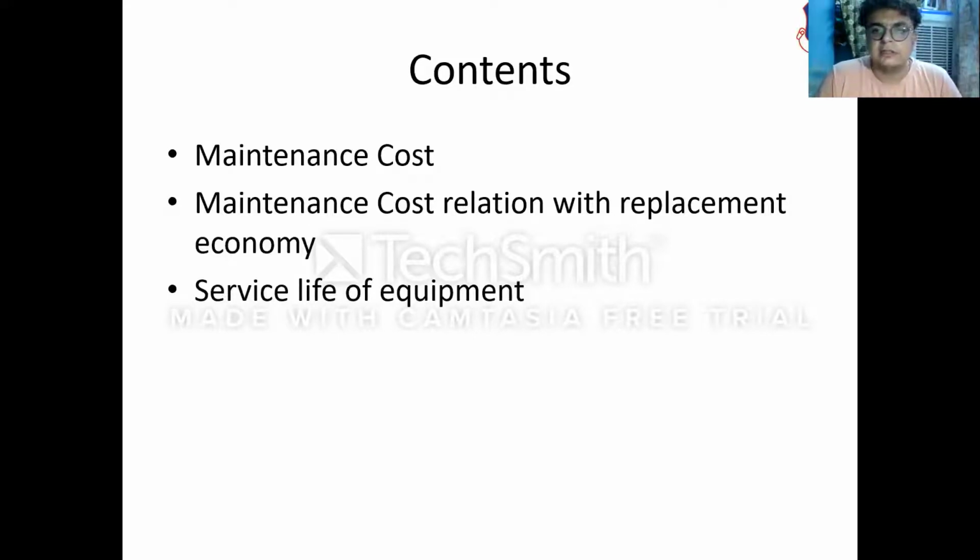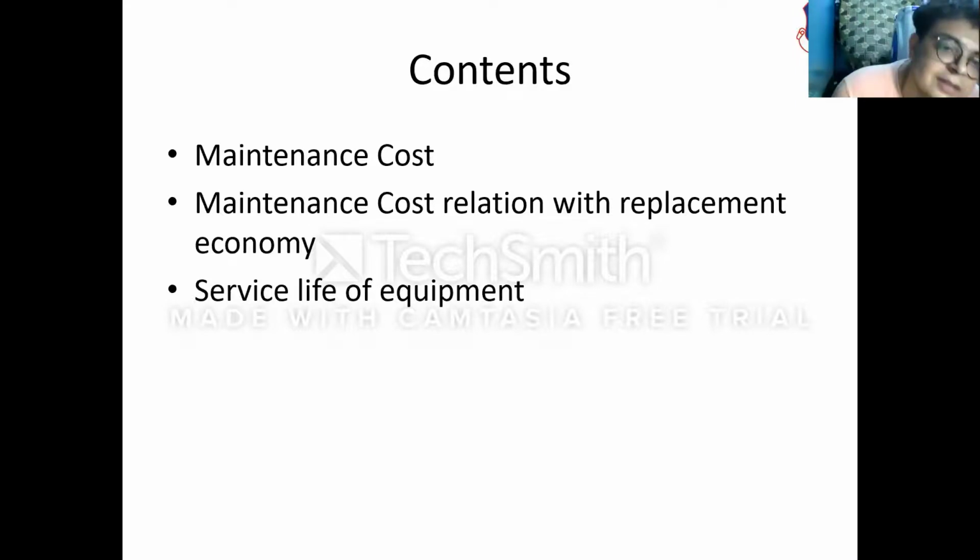Small things like nuts and bolts, screws, screwdriver, lubrication, that are required to be bought, and that will involve many costs, involve money. So what is the money that is being used? Yeah. So maintenance cost is obviously related to the replacement. Means both are the economy. So how they are related, we will be discussing in our session.